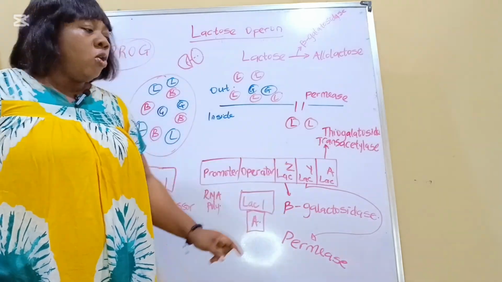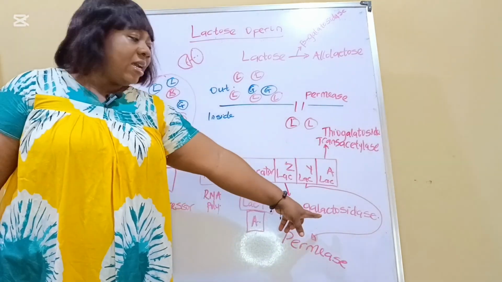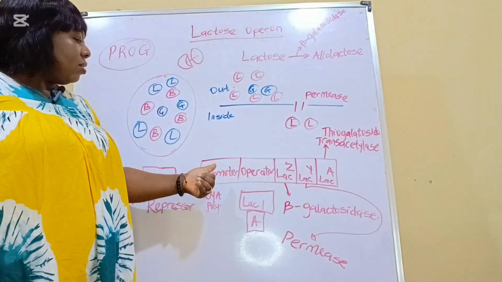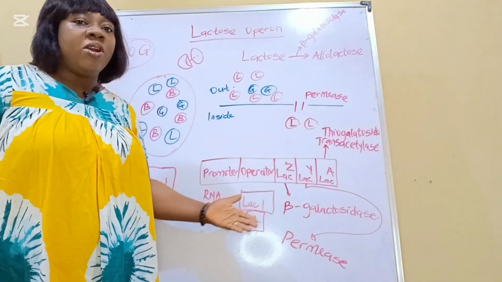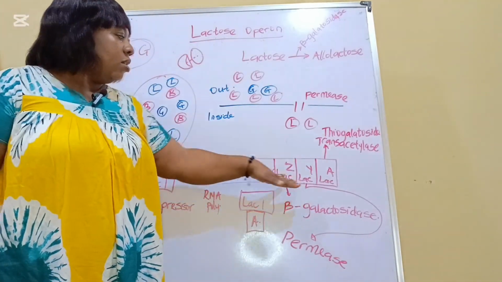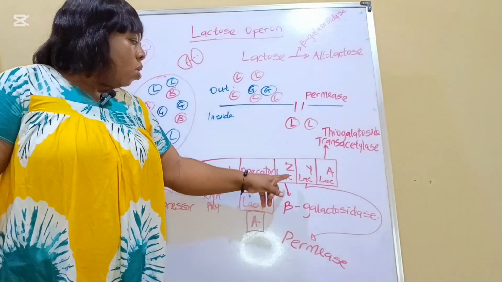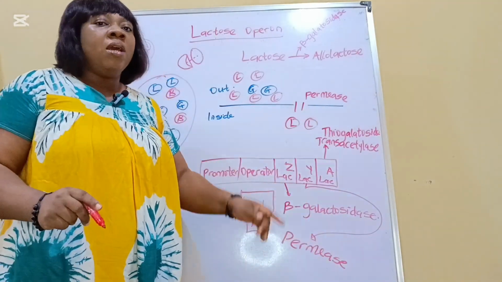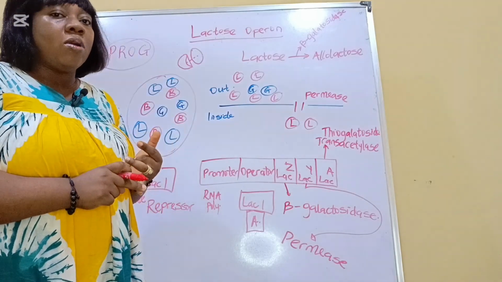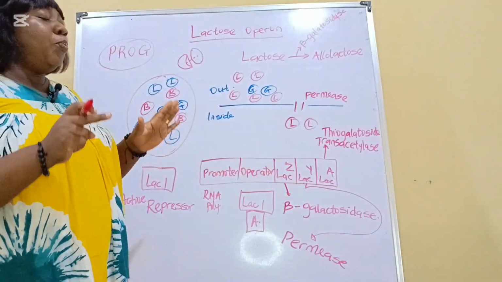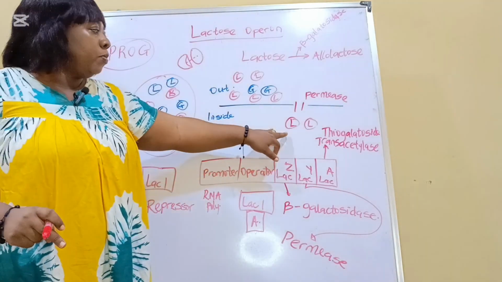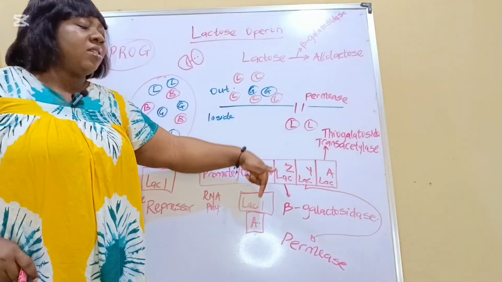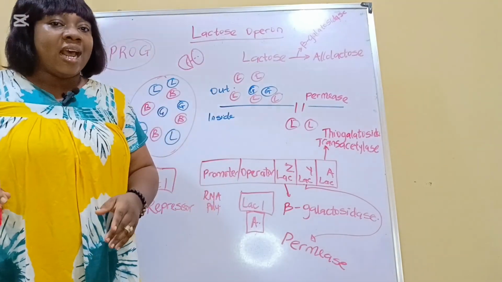LacZ, we said, encodes for beta galactosidase. As soon as our operon is active, the process has commenced. So our LacZ will now give us beta galactosidase. And remember, the work of beta galactosidase is to help us break lactose that enters into the cell into glucose and galactose.